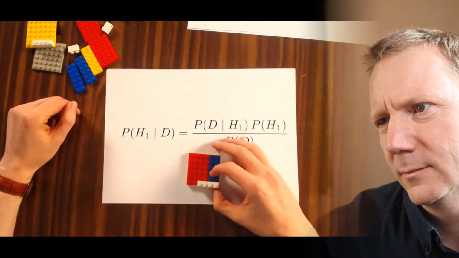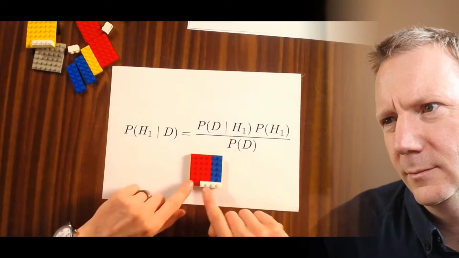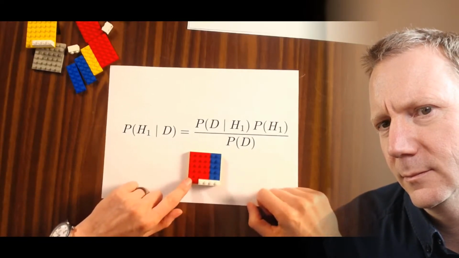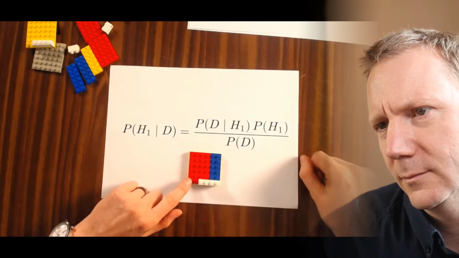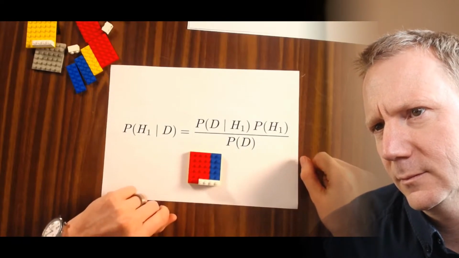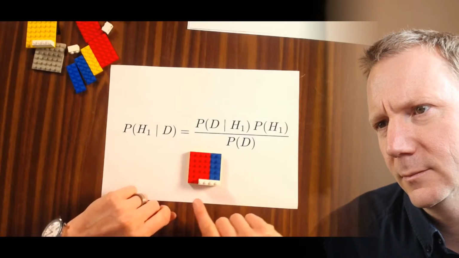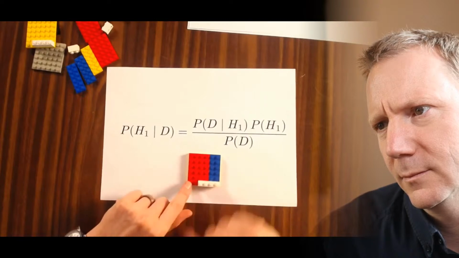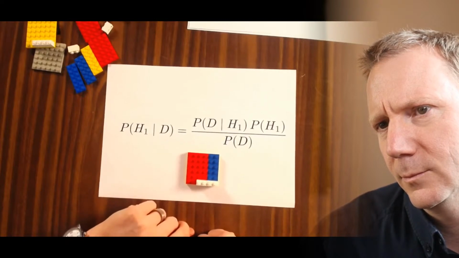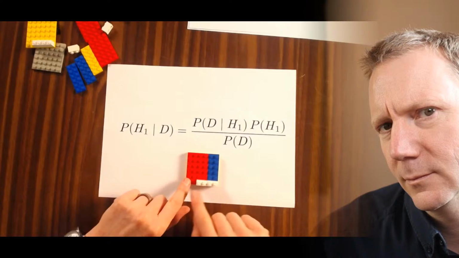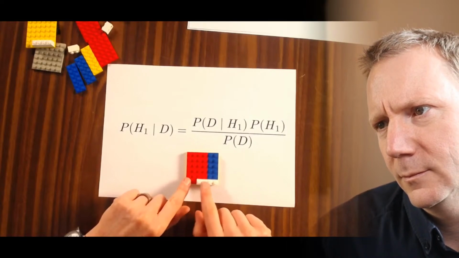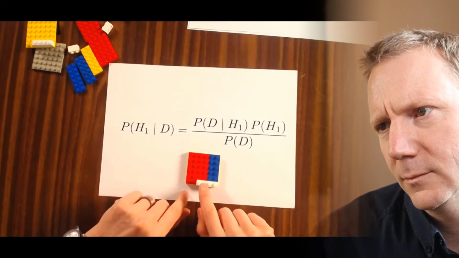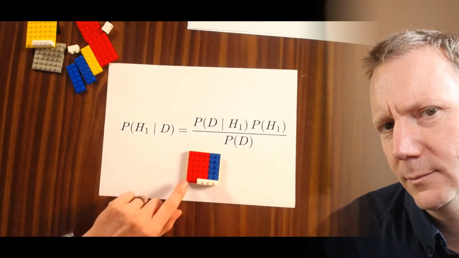In terms of Lego, imagine that this white brick is the data we found, and the red brick is a hypothesis, and the blue brick is another hypothesis. Then we actually want to know the probability of the red hypothesis when we have found the white data. In other words, if you randomly select a white peg, what is the probability that there is a red space underneath?